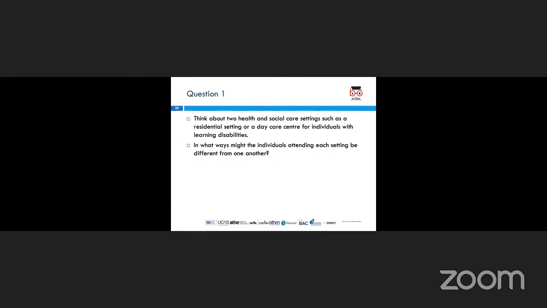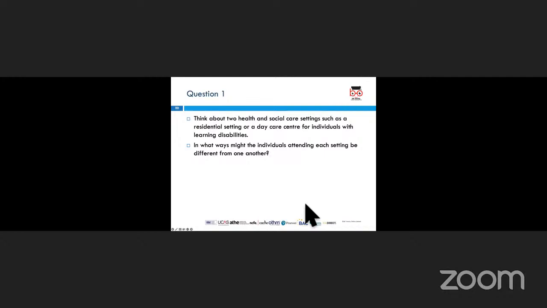And what kind of things can you think of that you would need to carry out to provide services? And if some of you were working in a daycare center helping individuals who have learning disabilities, what kind of setup would that be? And how would you be looking at providing these services?